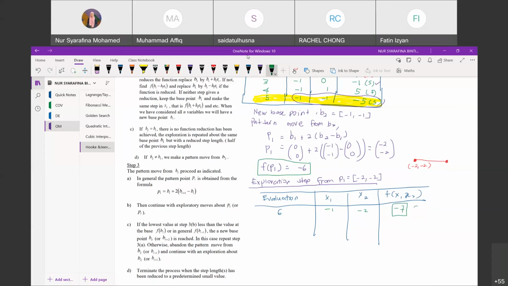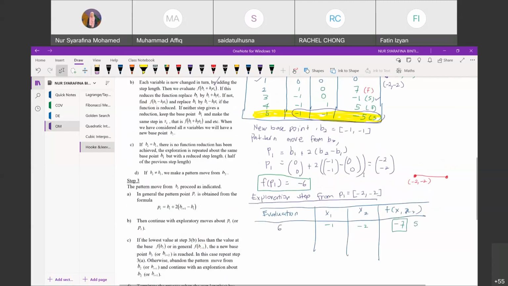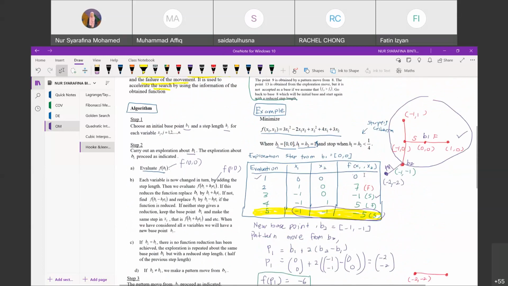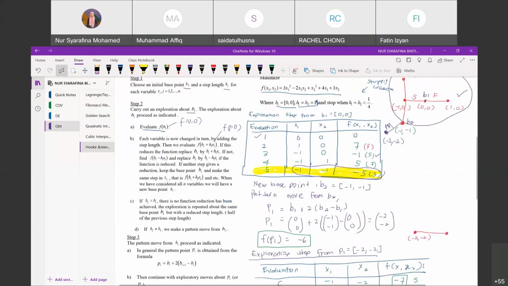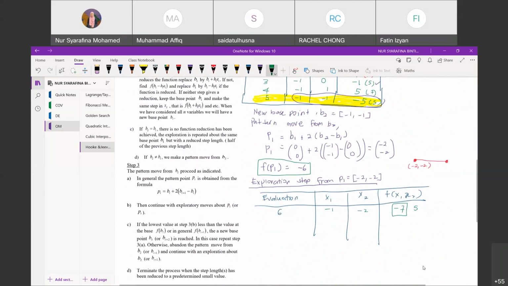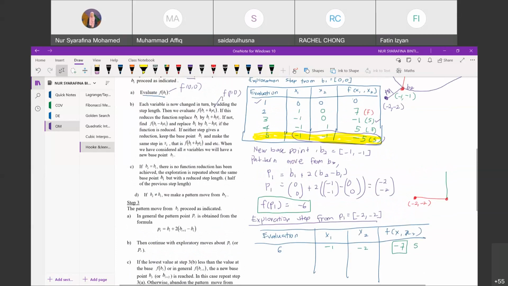Reduced, so we consider it a success. When it is a success, there is no need to move to the left. Earlier we started with B, it was a failure, so we moved to the left. Now it is already a success, so we just move upside. So this one is minus 1, minus 2.